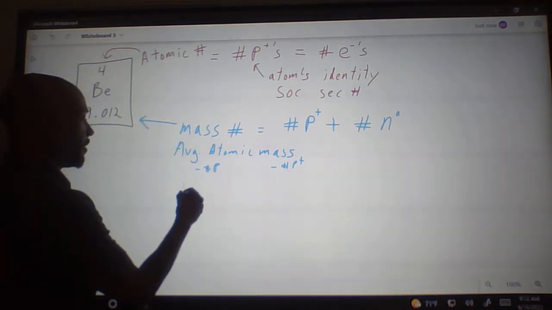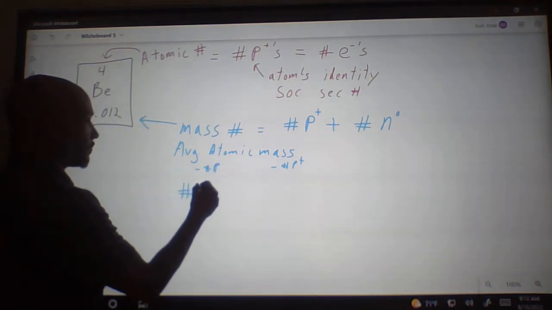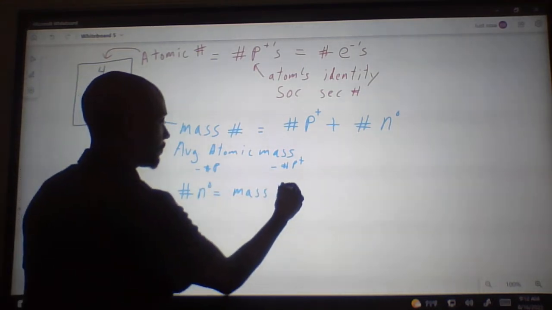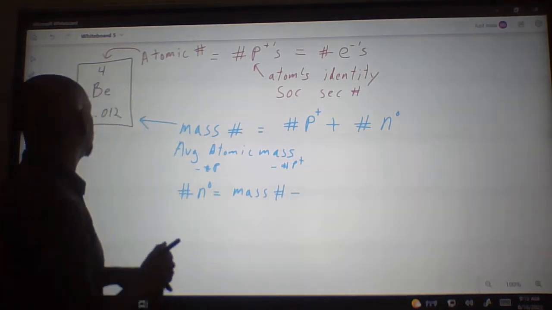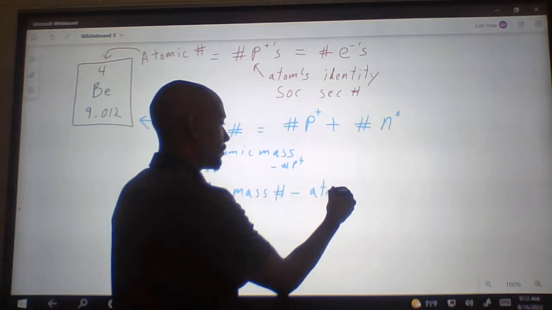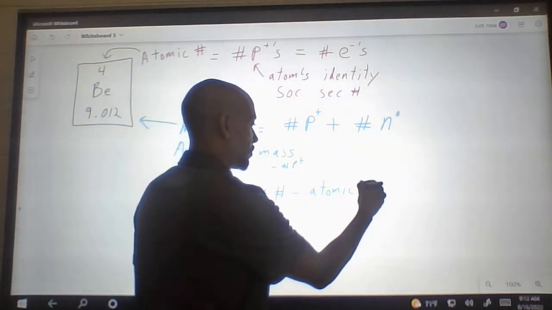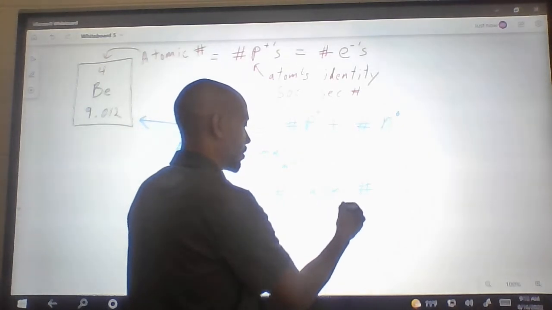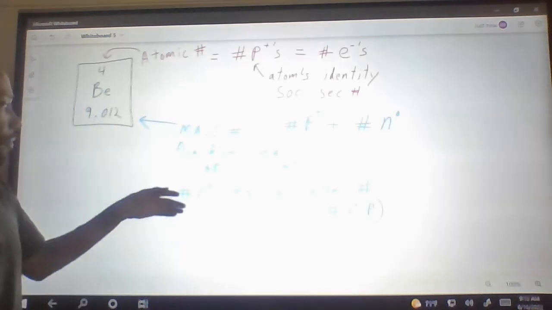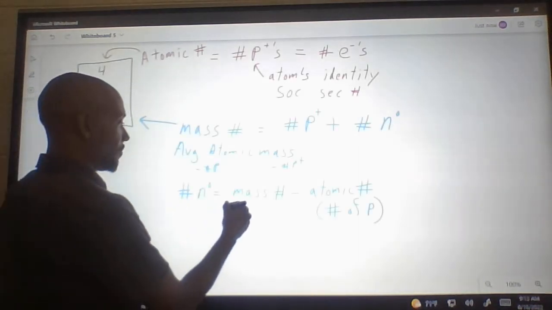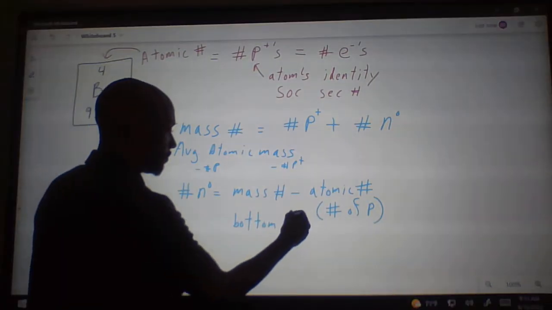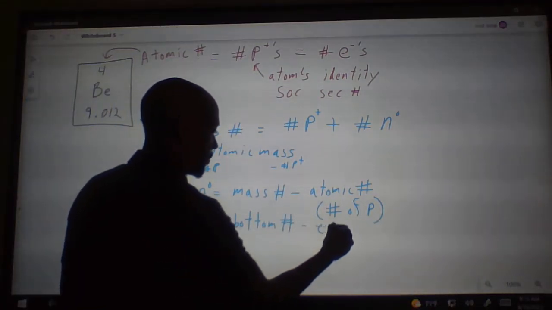So now if I want to know the number of neutrons, that's just going to be equal to my mass number minus my number of protons. All right, so number of neutrons. The easy way for me to think about that is bottom number minus top number.